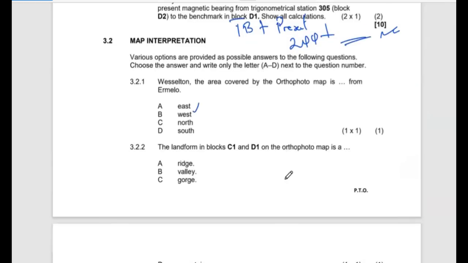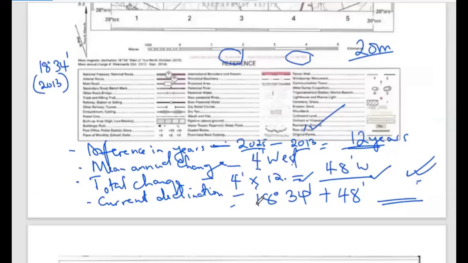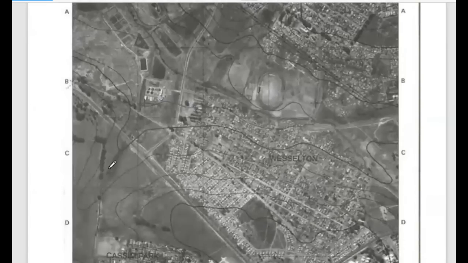The landform in block C1 and D1 on the orthophoto. Try to check there in C1 and D1. You see the nature of the contour lines.